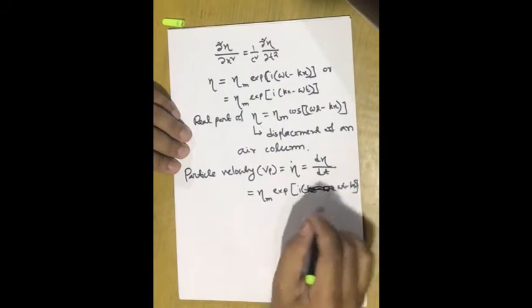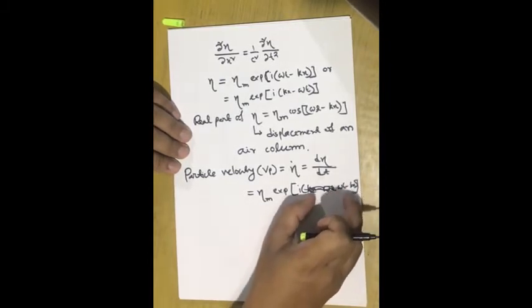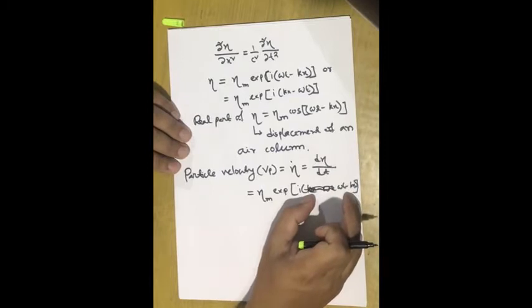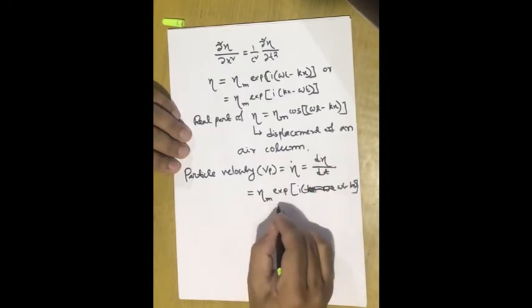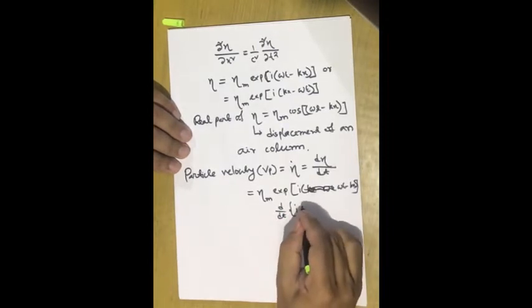Okay, so I have to differentiate this bracketed quantity with respect to dt. So it will be basically d by dt of omega t minus kx. Let me first do it once so that it becomes clear.